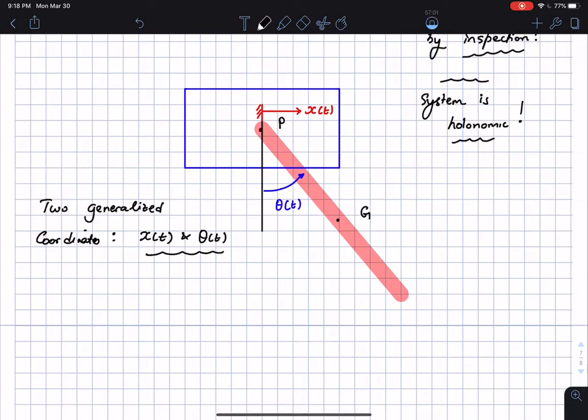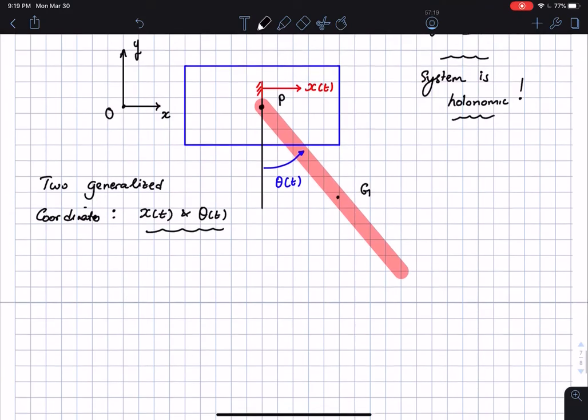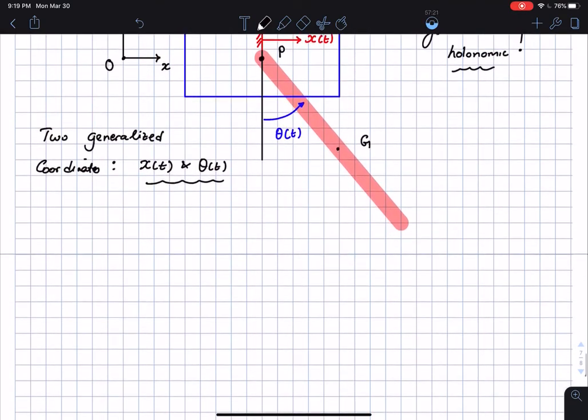And I can say that the origin of my coordinate frame is set up somewhere in the middle. This is the x-axis here, and here is the y-axis, and this is the origin of my coordinate frame. Here is the point where the pendulum is pinned to the cart. Which means that the velocity of point P is fairly straightforward.